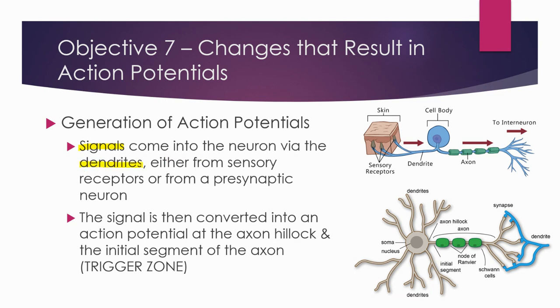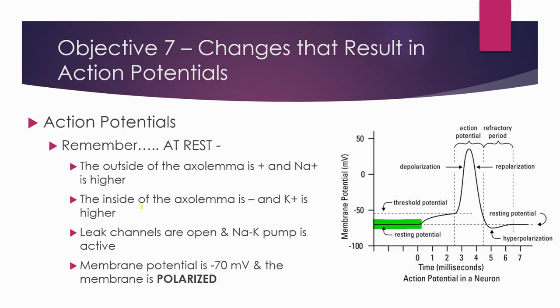And those signals are going to be entering the dendrites of our neuron, our receivers. Now, that signal, if it's strong enough, is going to be converted into an action potential. And this is going to occur at that axon hillock in what we call the trigger zone. Now remember, not all stimuli will trigger an action potential. It does have to meet threshold.